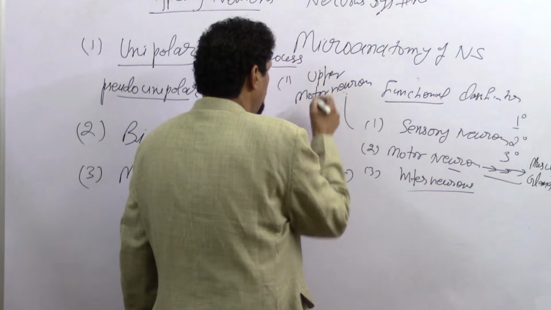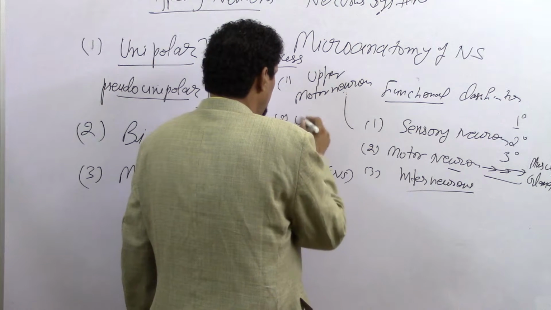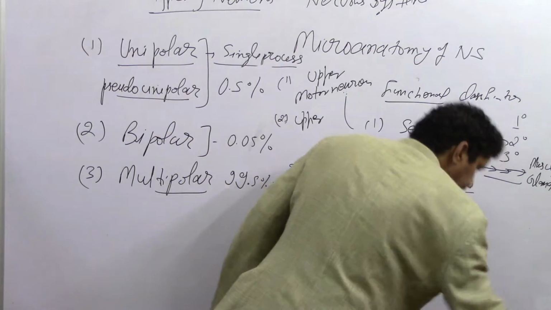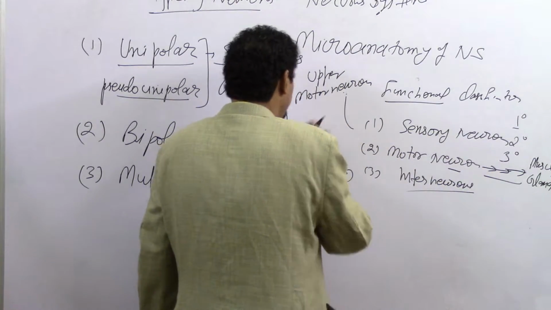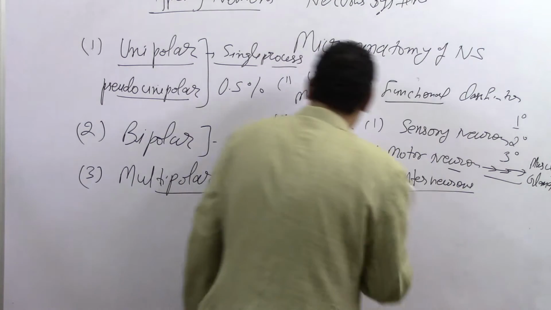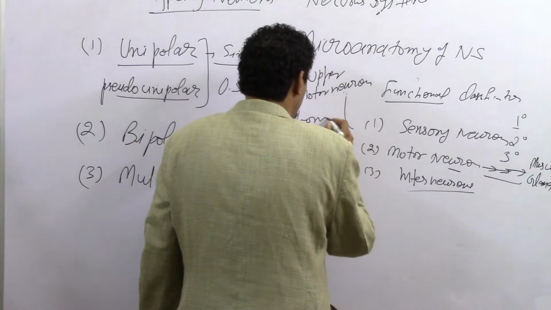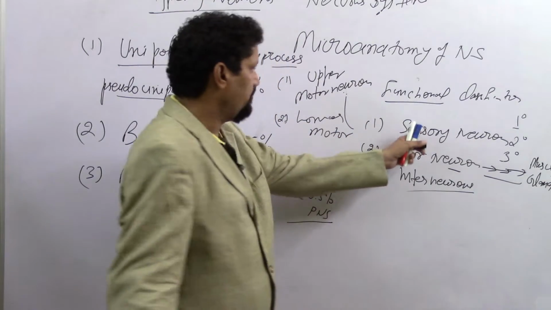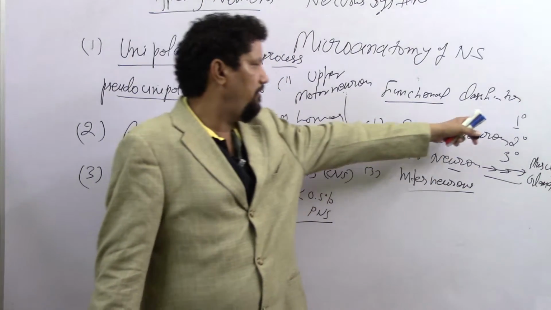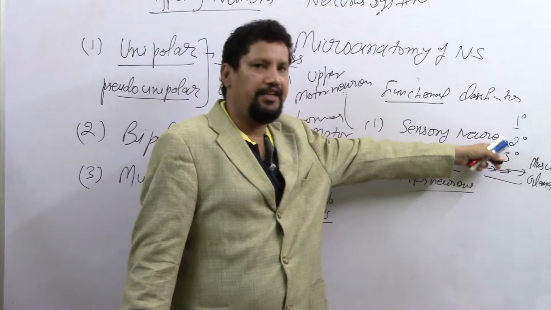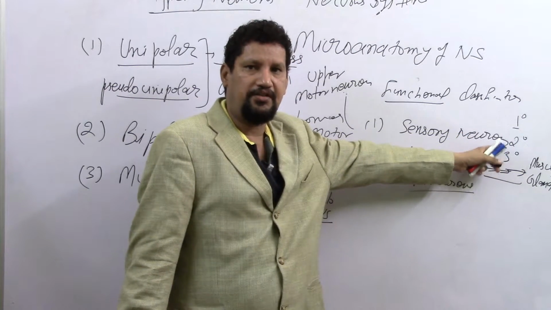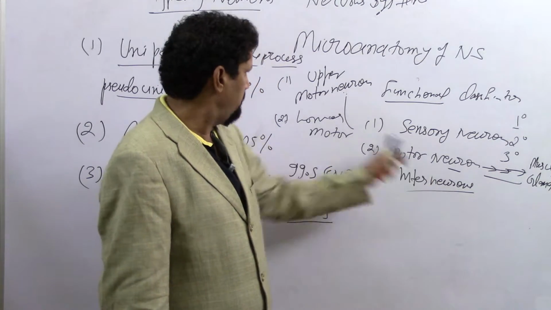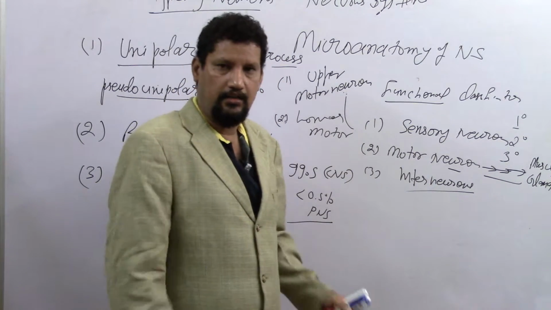So two types of motor neurons: upper motor and lower motor neurons. So in case of sensory neurons, first order or first degree, second degree and third degree. First order, second order, third order neurons. And when I will talk about the motor neurons, these are upper motor neurons and lower motor neurons.